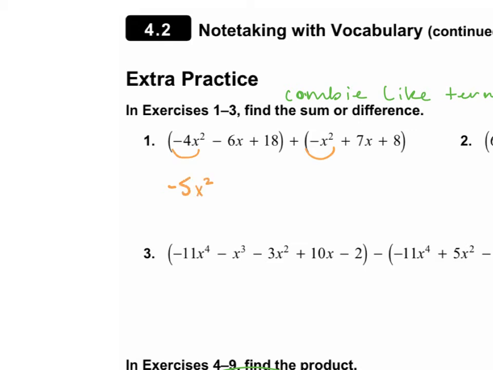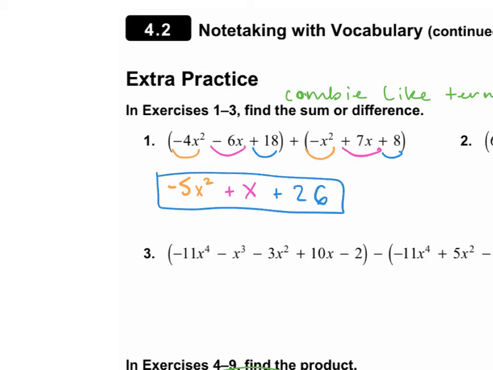Negative 5x squared. Then we combine our -6x plus 7, so this would be plus x. And then our 18 and 8, so plus 26. So we're just combining like terms.